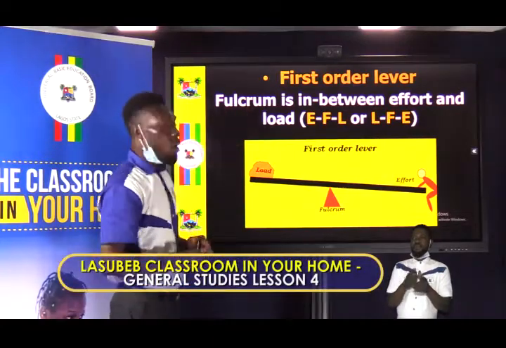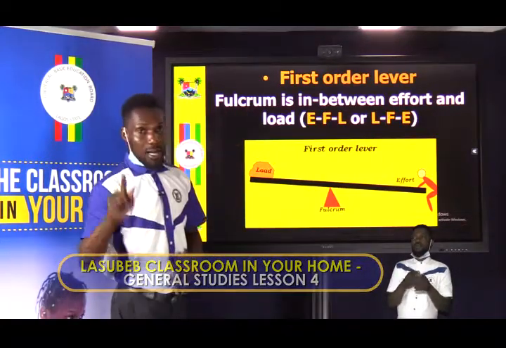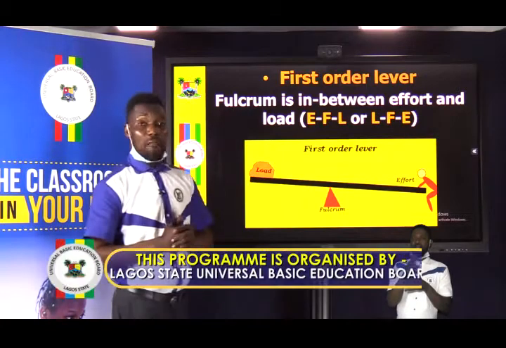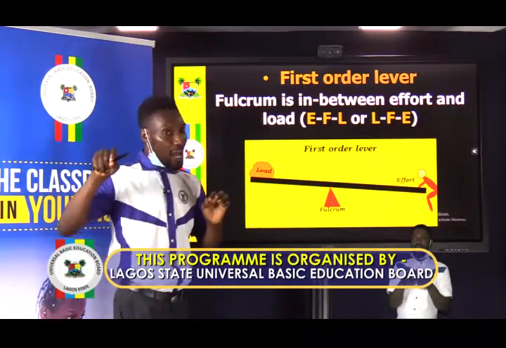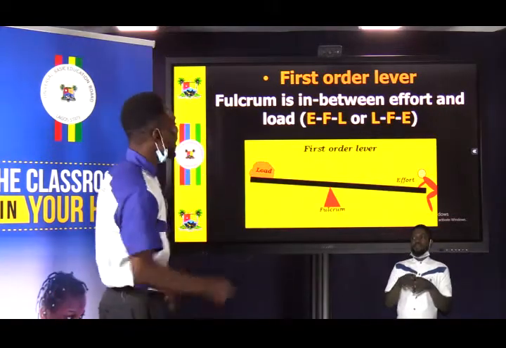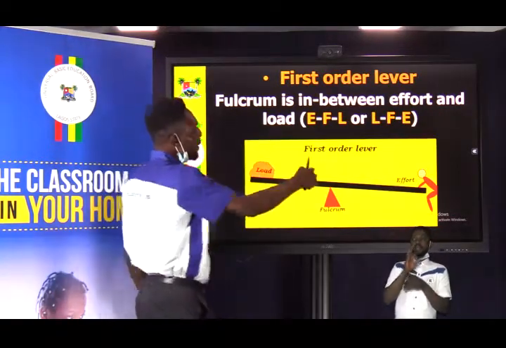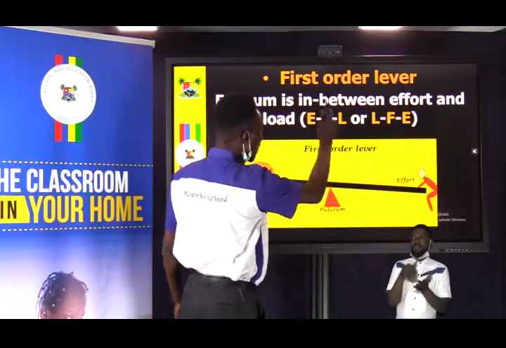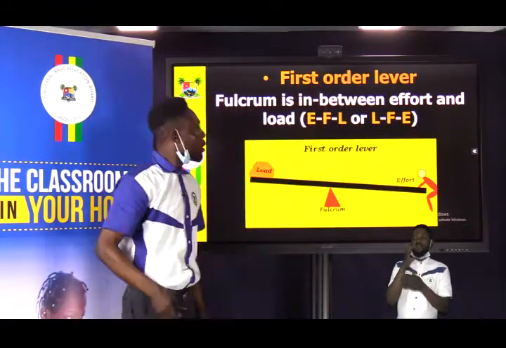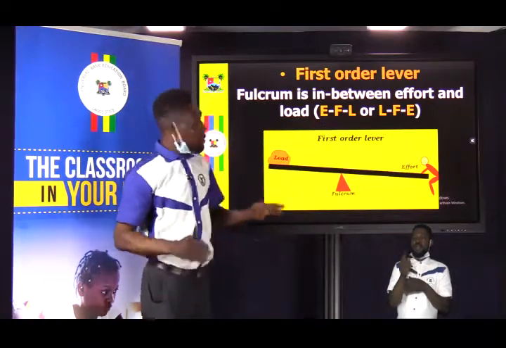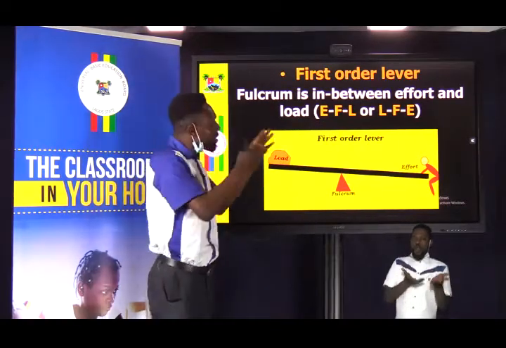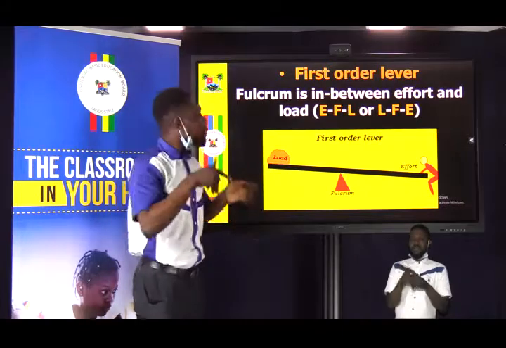First order lever or first class lever, that's the first one. Now, when talking about first class lever, remember the song Fly Like. We mentioned fly first. That means letter F must be in the middle. The fulcrum should be in the middle. Where the load is or where the effort is not as important as where the fulcrum is.